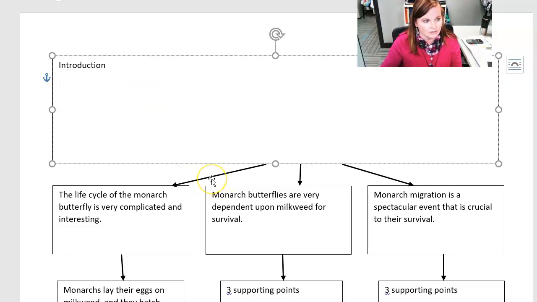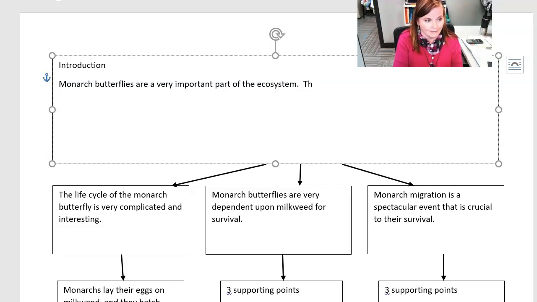which we could say monarch butterflies are a very important part of the ecosystem. They have a complex life cycle that is directly dependent upon the milkweed plant.